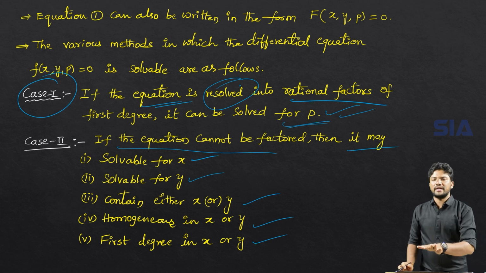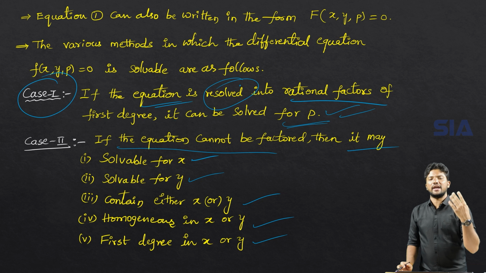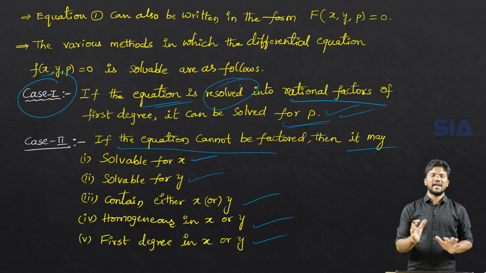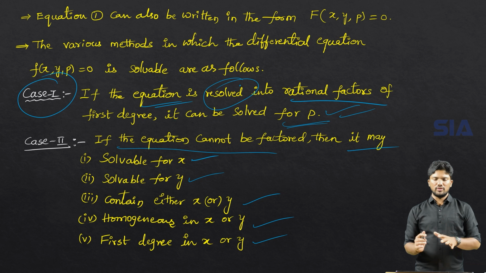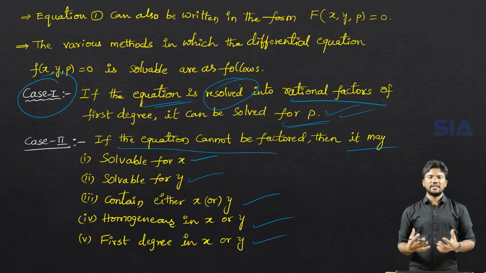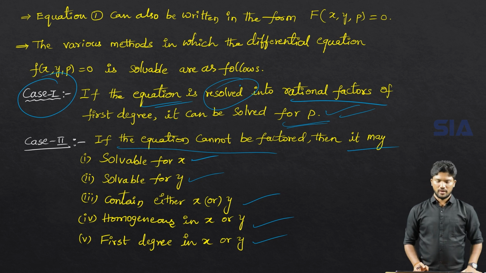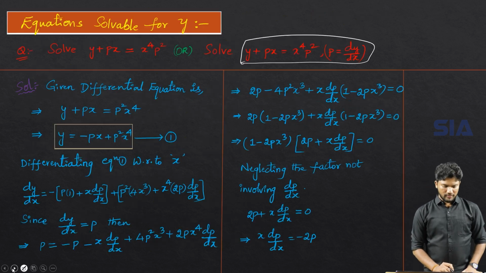If it is not divided into rational factors, then again 5 cases arise. The first case is solvable for x, the second case is solvable for y, the third case contains either x or y, the fourth case is a homogeneous equation in x and y, and the fifth case is a first degree equation in x or y. So be careful while identifying which case the given equation belongs to. I will explain while solving the problems.